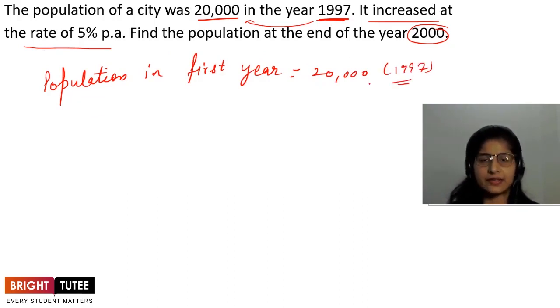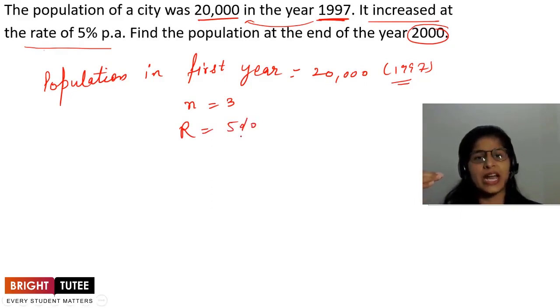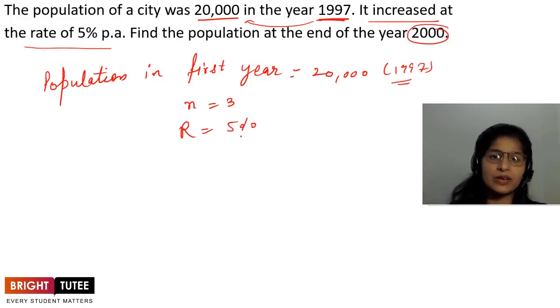Then up to 2000 n will be equal to 3, and rate will remain the same at 5%, because the population is changing at the end of every year. It increased at the rate of 5% per annum, and after every year it changes, so it is increasing in compounded form. So we will use the formula for compound interest.